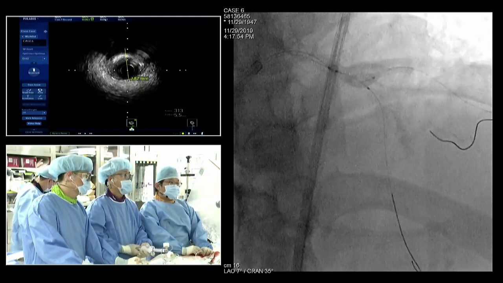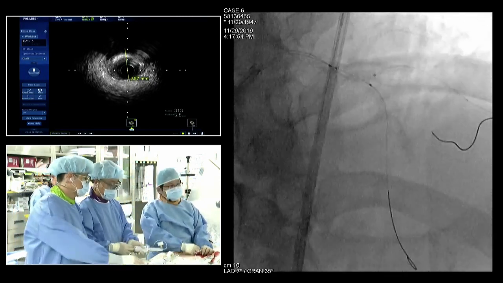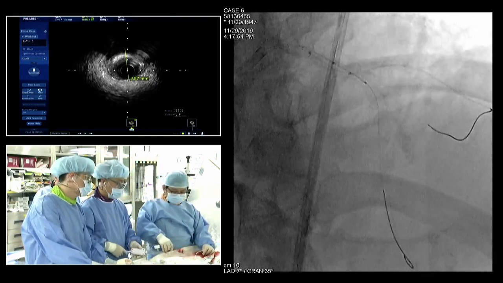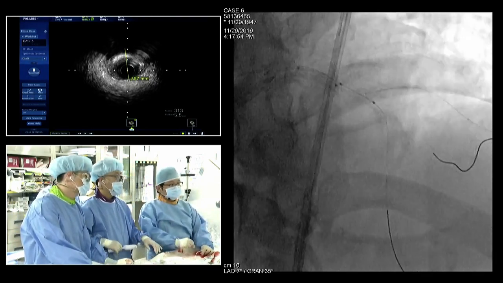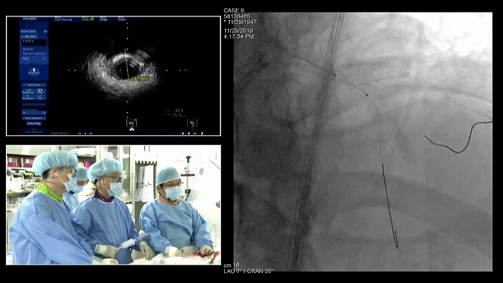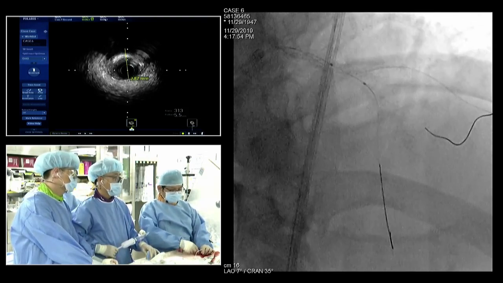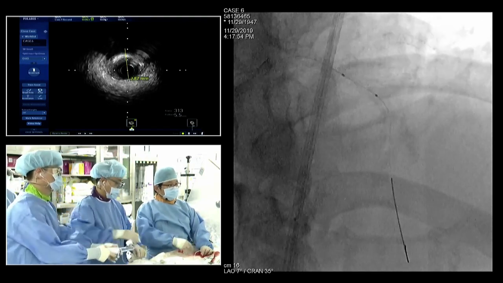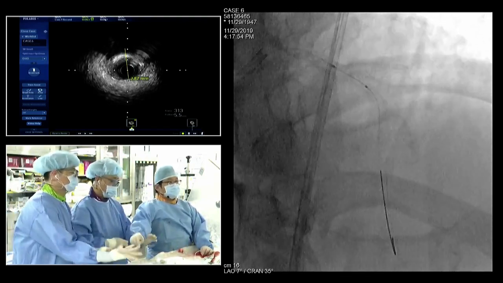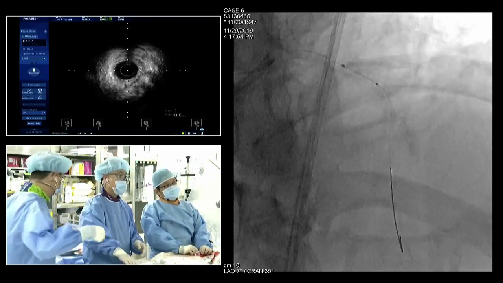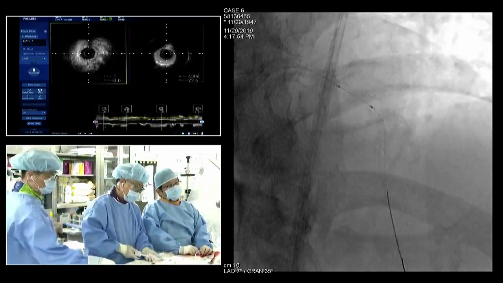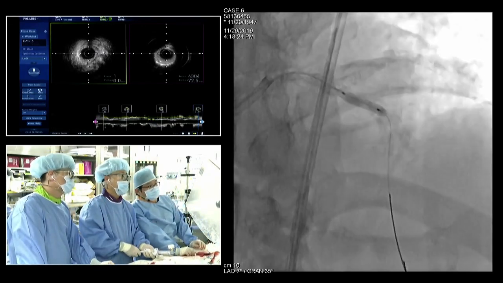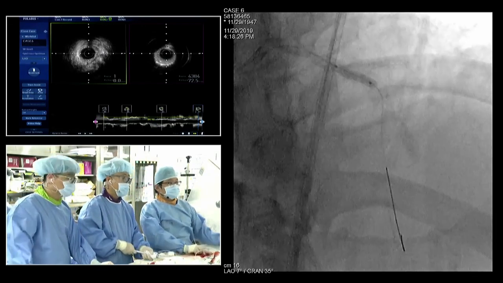Deflation. This is the diagonal branch. This is LED. So I can remove the whole system from the diagonal. And then LED 18. This is a non-compliant balloon. Yes, 18. Deflation.